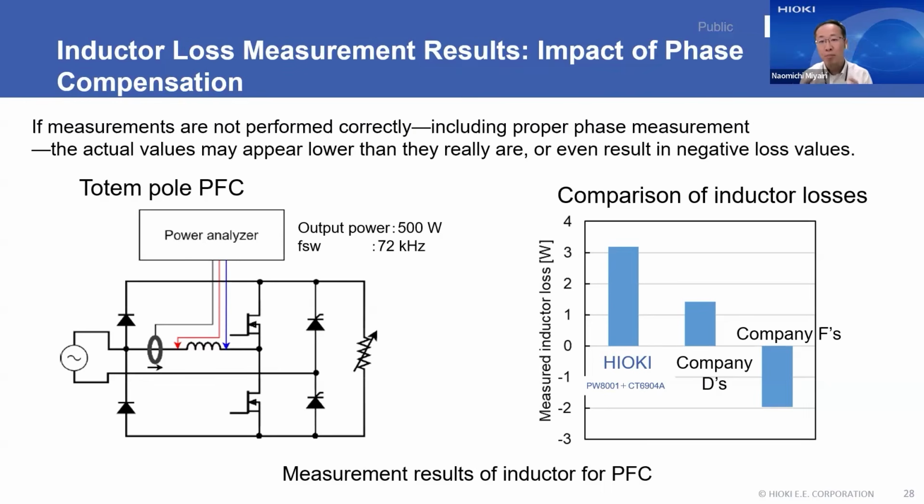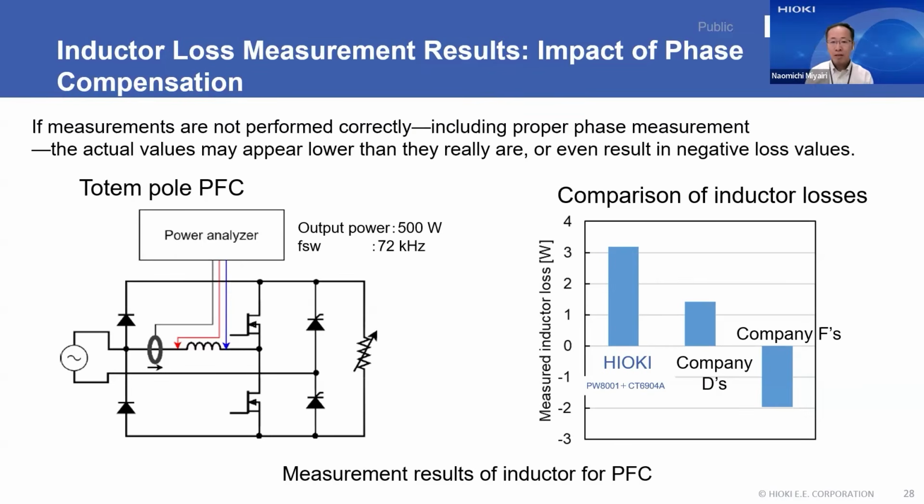Since there is no absolute reference value for inductor loss, direct comparison is inherently difficult. But what we can say is this: when the key points we've discussed today, proper phase compensation, the right current sensor, and the validated combination, are all adopted consistently, the results tend to be more physically plausible and repeatable.